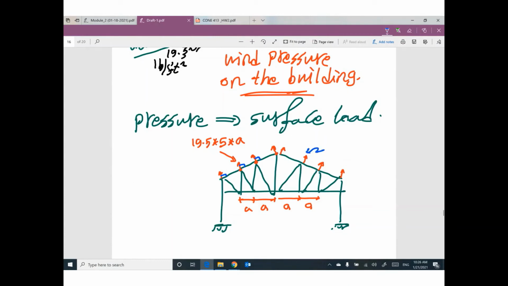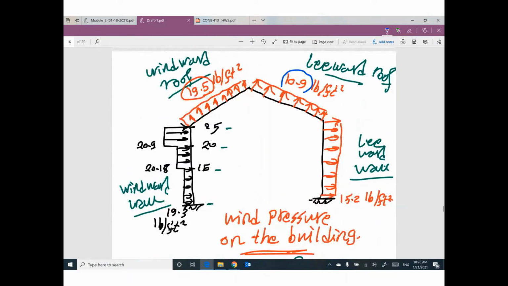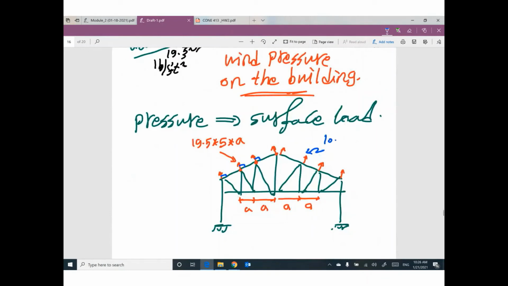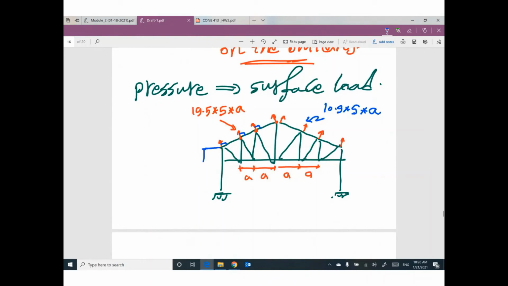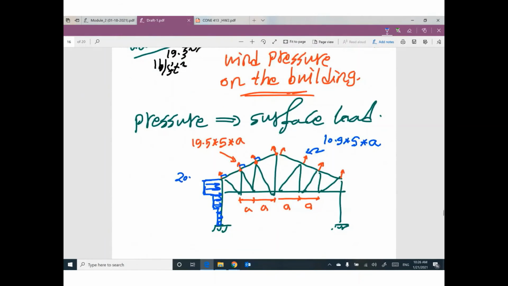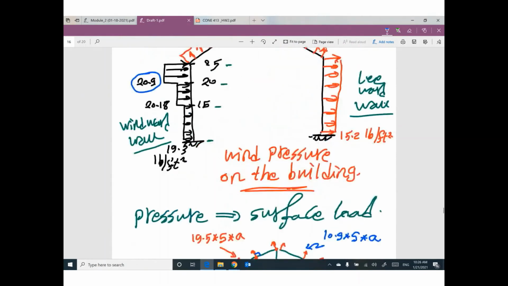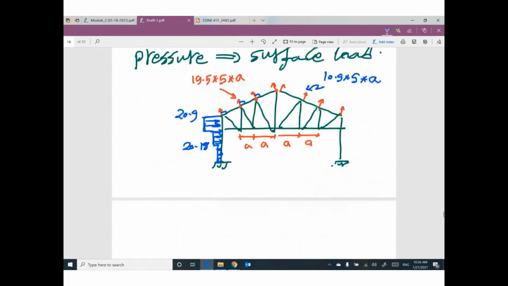What is the value for this concentrated load? Your wind pressure, 10.9, times S times A. This wind pressure on the column will be the same as a line load, equal to these values, 20.9, 20.18, and 19.3, times S as a line load only on this column of the truss.